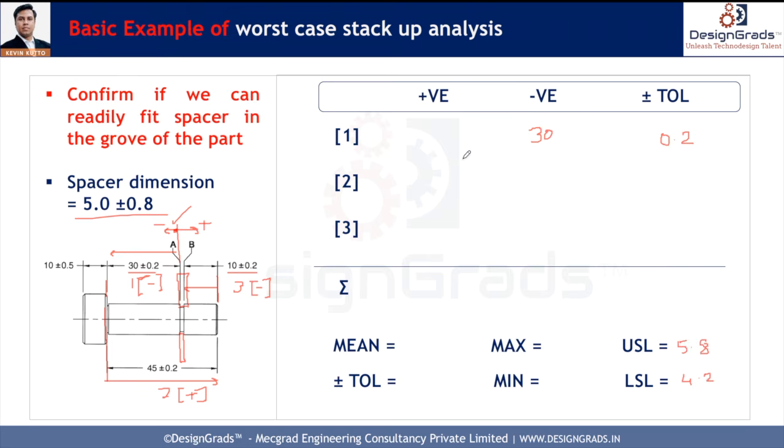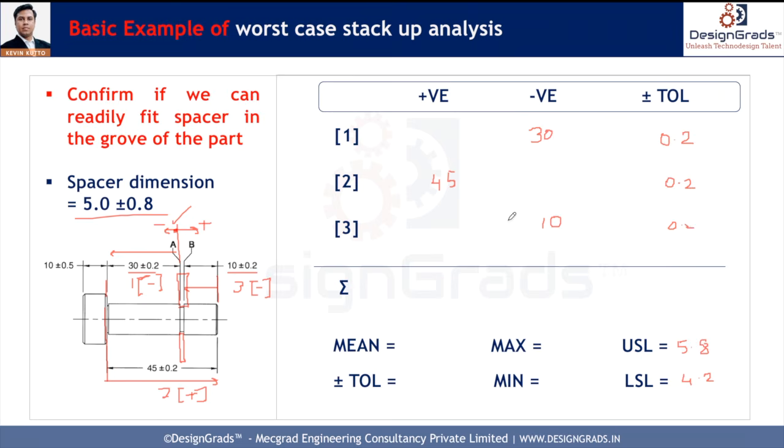Now the second dimension is 45 plus minus 0.2, which is positive. So 45 comes under positive, and the tolerance here is 0.2, right? Then the third dimension is 10 plus minus 0.2, it is negative, so I put it as 10 plus minus 0.2.